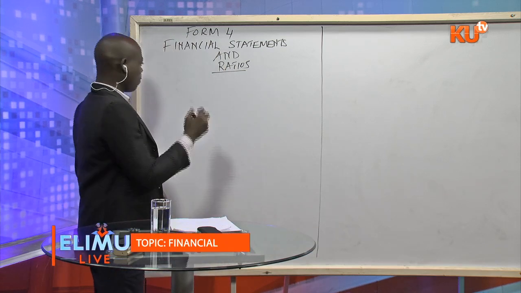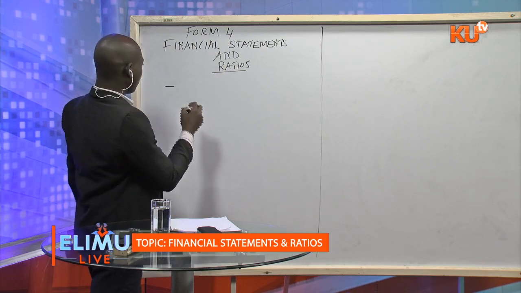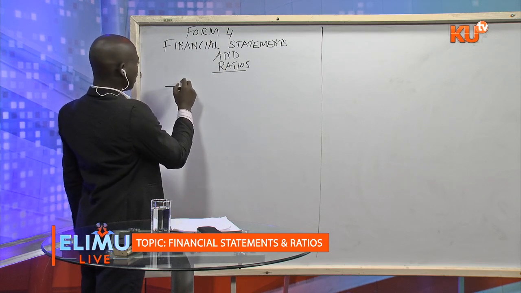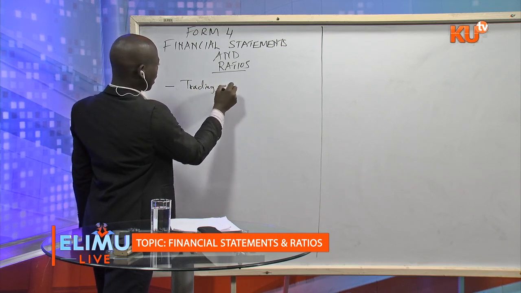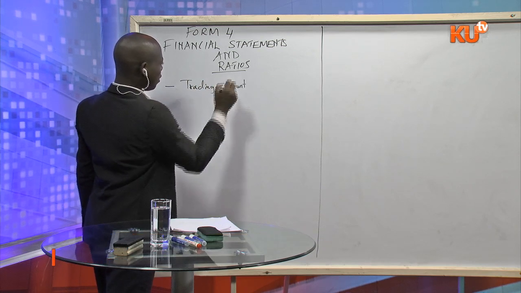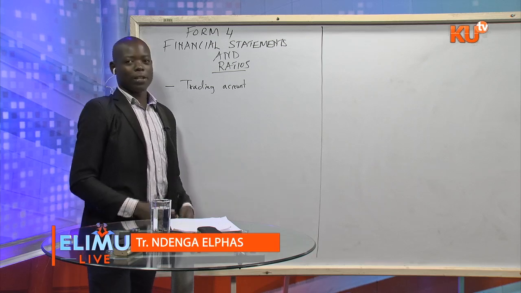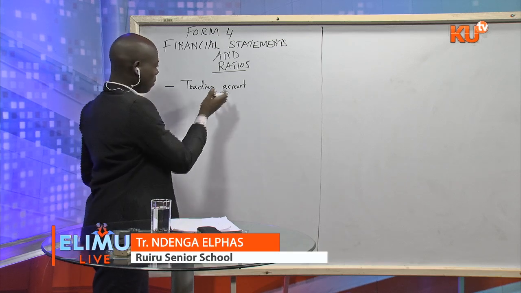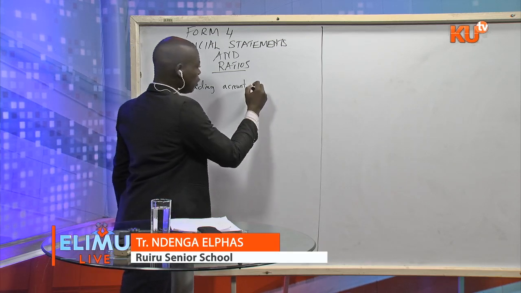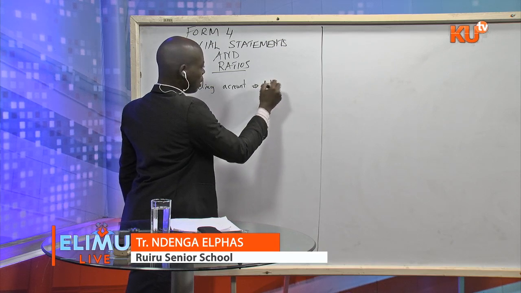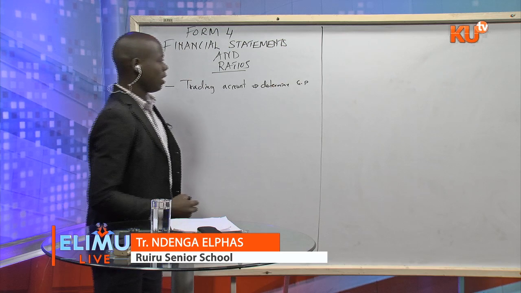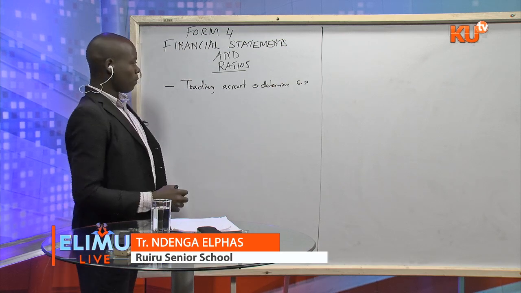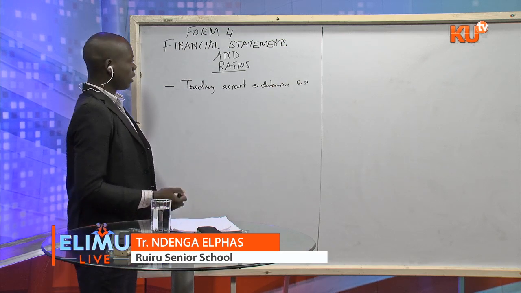One of them was the preparation of a statement we call the trading account. We said a trading account is one of the main statements that we need to prepare in this topic. We prepare a trading account mainly to be able to determine gross profit that is made within a given period of financial accounting.